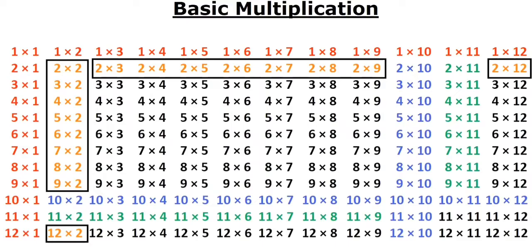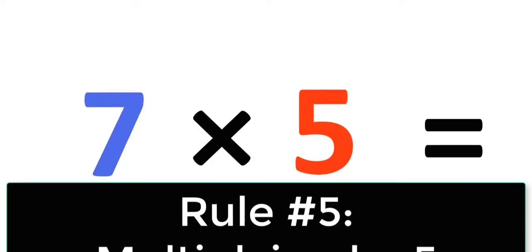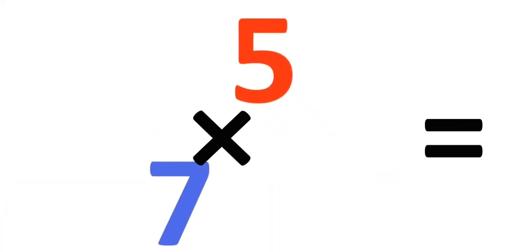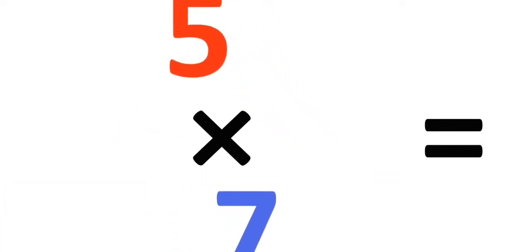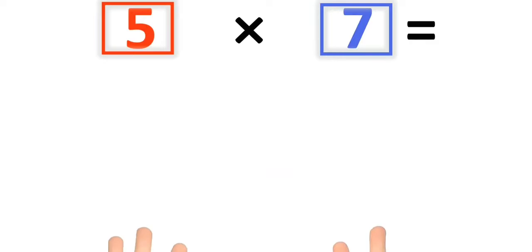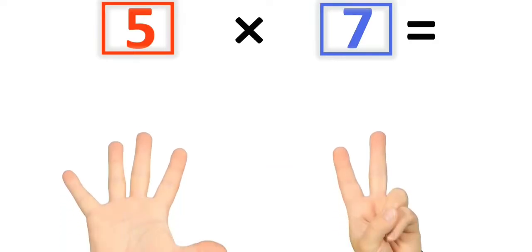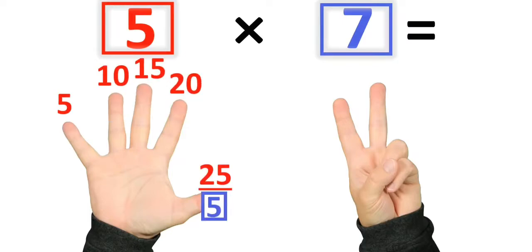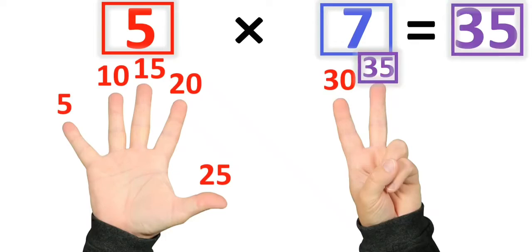It gets better. So for rule 5, we're going to look at the number 5. And once again, we're going to use skip counting, because 5 is one of the easiest numbers to skip count by. So when you have 7 times 5, that just means you're counting by 5 7 times. So 7 times 5 just means you go 5, 10, 15, 20, 25, 30, and on the 7th one, you stop at 35.